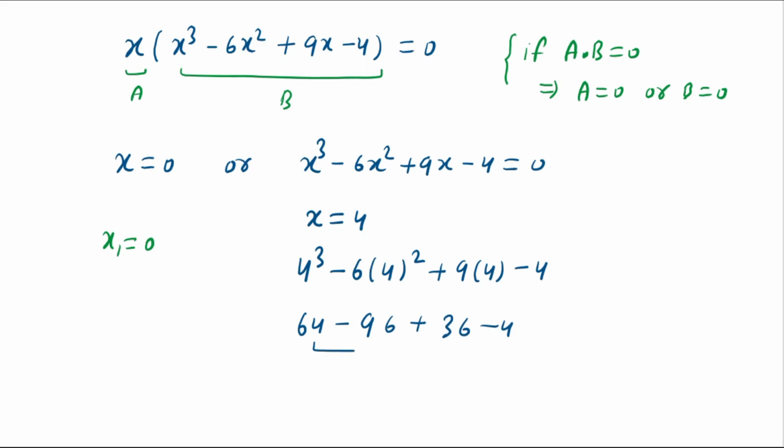Now 64 plus 36 is 100, minus 96 minus 4 is minus 100, and 100 minus 100 is equal to 0. So we can say x equals 4 is a solution. Then x minus 4 is a factor.